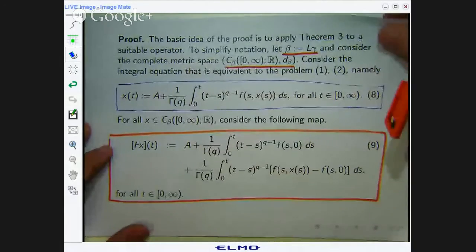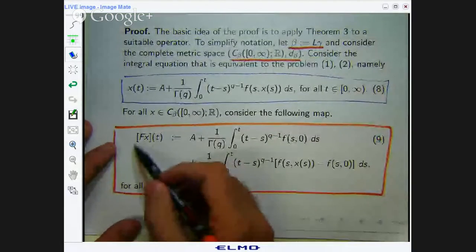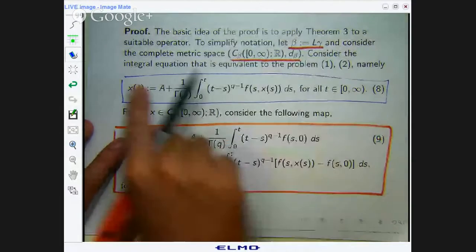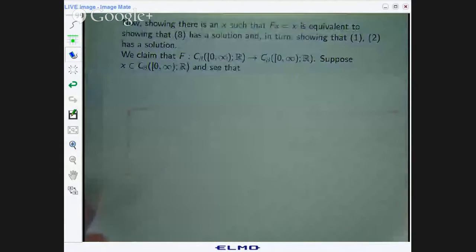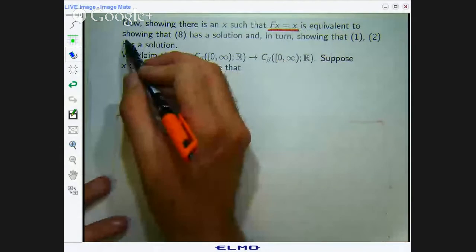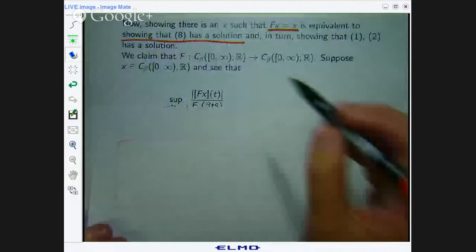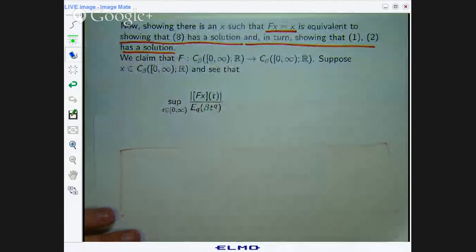All right, if we can do that, then we know that we can apply Banach's fixed point theorem, and F will have a fixed point, so this equation will hold, and that means the original equation will hold. All right, so showing that big F has a fixed point is equivalent to showing that 8 has a solution. There's 8. And in turn, that's equivalent to showing that the original problem has a solution.